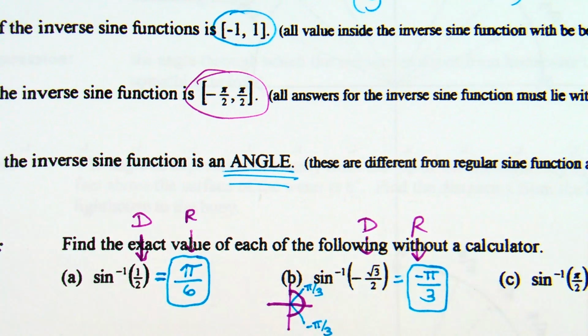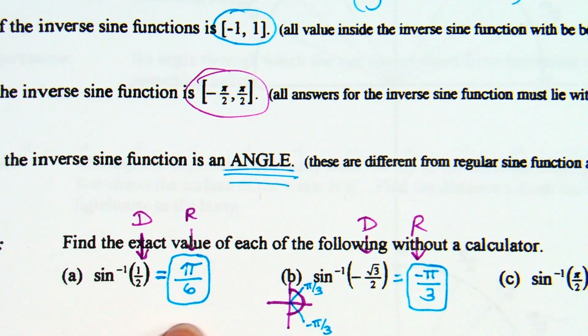So right here, sine equals 1/2 at 30 degrees or π/6. We tend to give radian answers unless they specify they want degrees. Okay? Now, with it in mind, you always want to be checking, are these, we obviously know π/6 is in our possible range values.